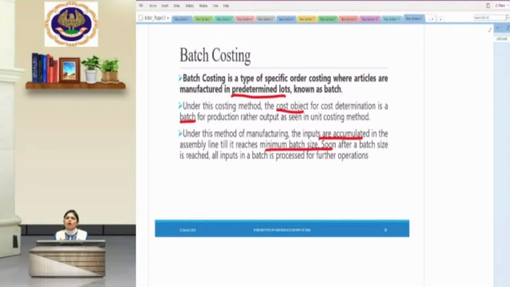When all the raw material or all the cost has been made as input for 1,000 units, then the processing will start. So processing will start only when the total input for the 1,000 units to be manufactured has been inputted into the system. All right.